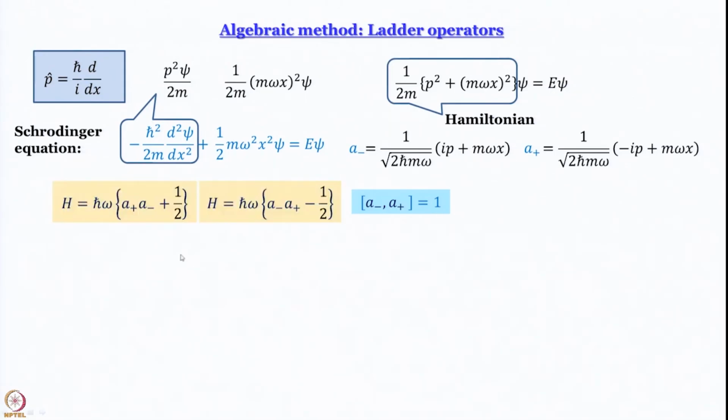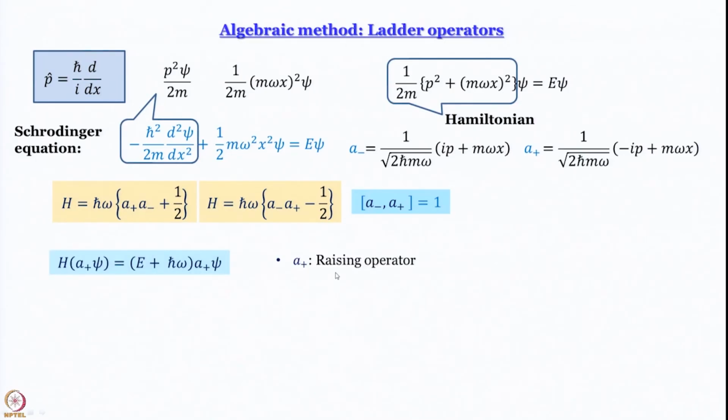What we get is that the Hamiltonian is written as h cross omega multiplied by a plus a minus plus half, or you can write it as h cross omega a minus a plus minus half, right. Both are valid forms, we use the one that is more convenient given the situation we are in. So, this is how you rewrite the Hamiltonian in terms of the ladder operators a plus and a minus.